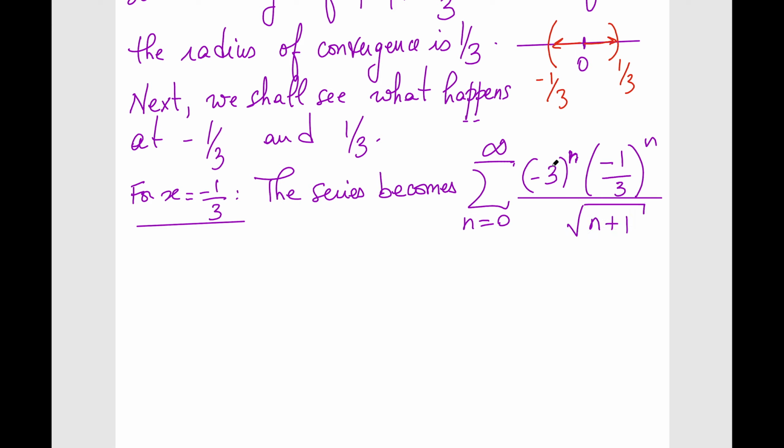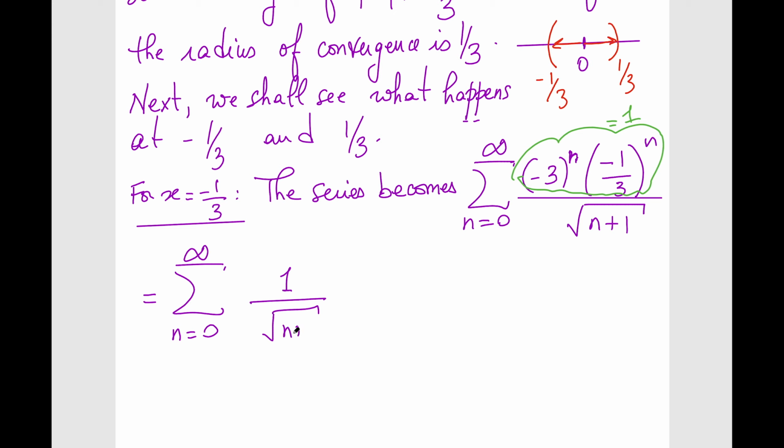And now if you simplify, this guy upstairs is 1, and this series then is equal to the summation from 0 to infinity of 1 divided by the square root of n plus 1, right?